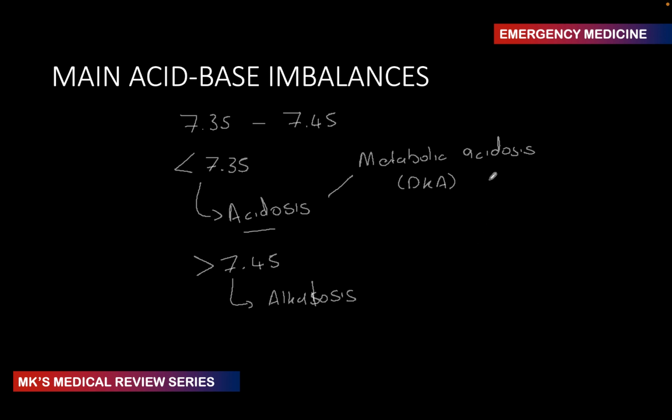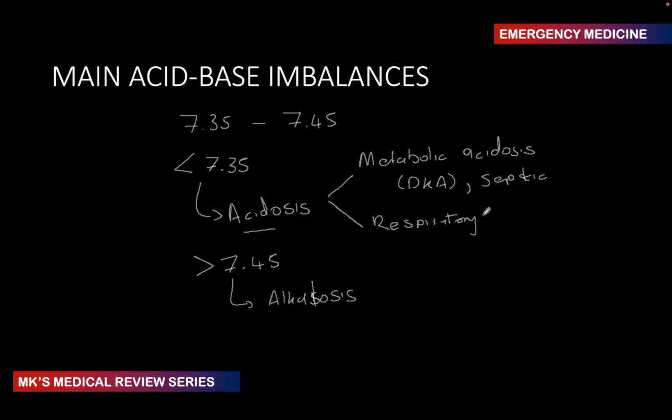We can even see this in patients that have septic shock, for example, those that have infections. But I'll put a question mark on this because septic shock can also cause some respiratory issues. Then on the other end of the spectrum, we have what is known as respiratory acidosis.